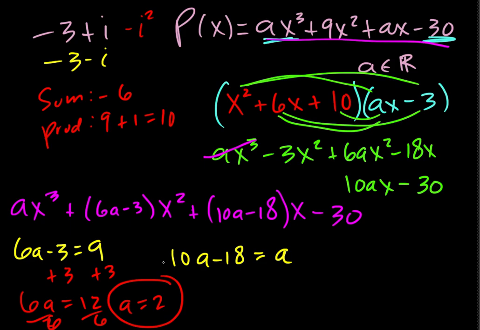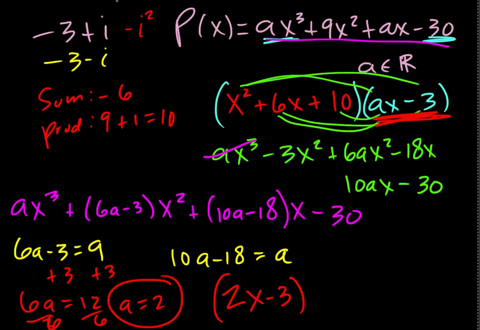And okay, we want to find that linear factor, so that's really a 2x minus 3. And it wants us to find all the zeros.